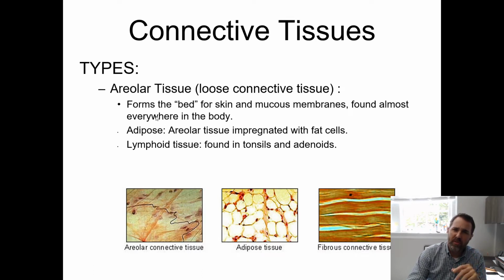Areolar tissue is a loose connective tissue. Really, what I want you to think of when you think about areolar tissue is adipose. And adipose tissue is the cells, the areolar cells in your body where your body stores fat.